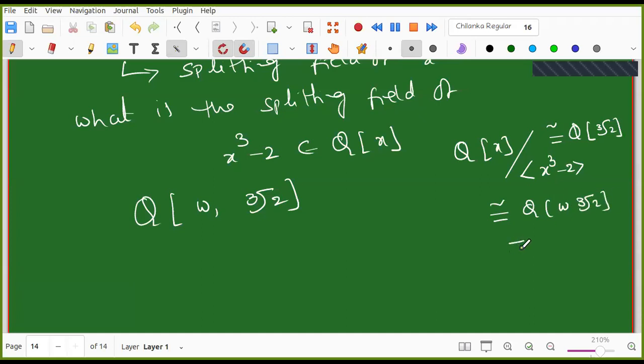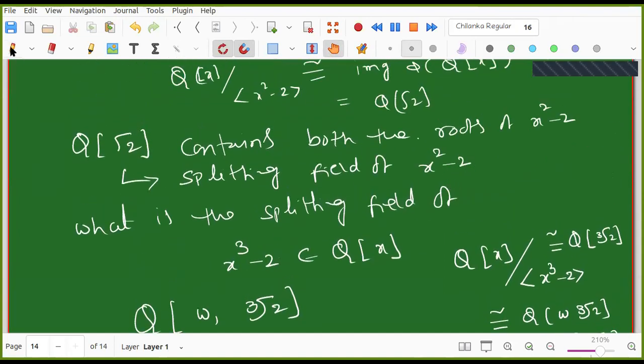It is also isomorphic to Q(omega square cube root of 2). But these fields are called conjugate fields. They are not equal but isomorphic. This is the place you can understand much better. Whereas here, in the case x² - 2, Q(√2) is equal to Q(-√2). They are exactly equal, but here they are not equal.